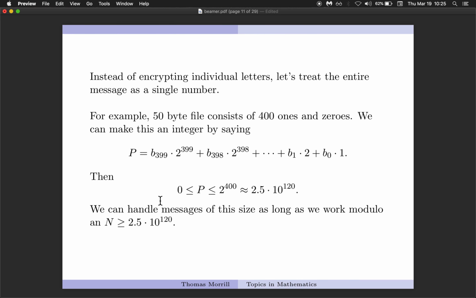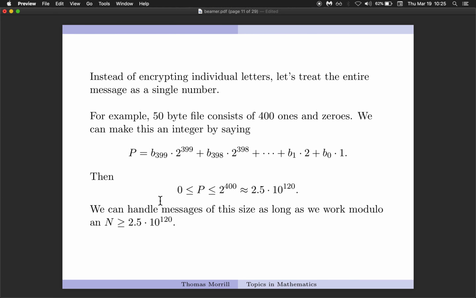So to make things easier for ourselves, we're going to assume that n has a very special factorization. So p, lowercase p, and q are going to be two different and large prime numbers, and n, I say, is going to have the factorization p times q.